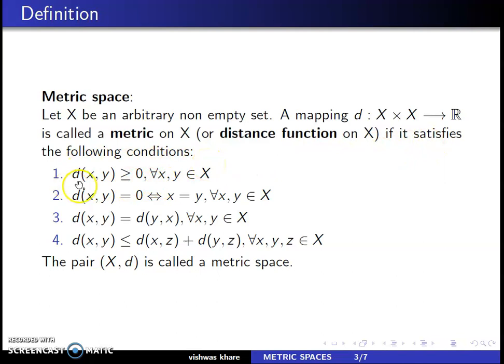The first, that d(x,y) should be greater than or equal to 0 for all x, y belongs to X. Second, d(x,y) equals 0 if and only if x equals y for all x, y belongs to X. Third condition, d(x,y) should equal d(y,x), again for all x, y belongs to X. And fourth one, d(x,y) is less than or equal to d(x,z) plus d(y,z) for all x, y, z belongs to X. The pair (X,d) in this case is called a metric space.